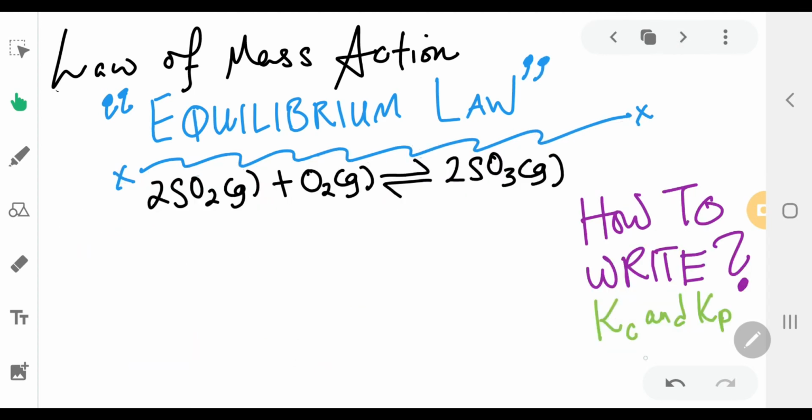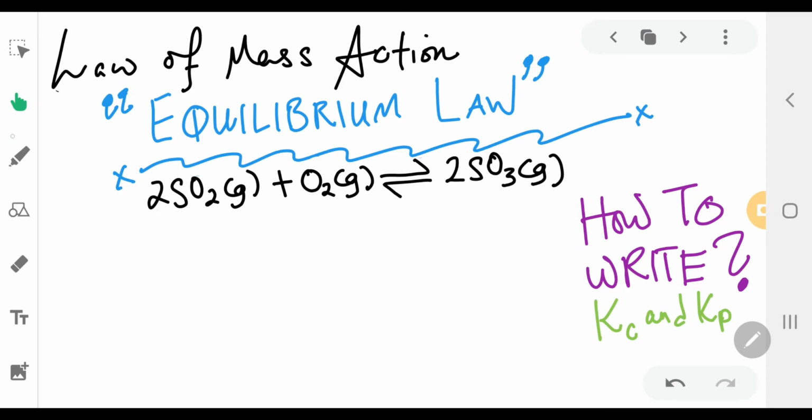So how do we write Kc and Kp? To write the equilibrium constant expression is very easy. But before we go there, I just want to draw your attention to the reversible reactions that we have over here. In terms of reversible reactions, we have two types.